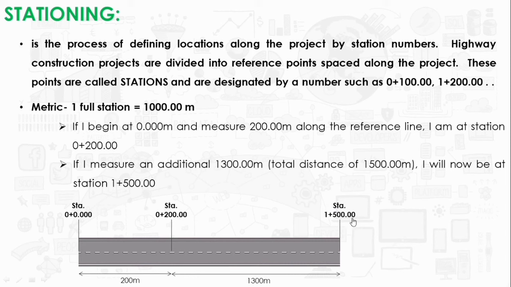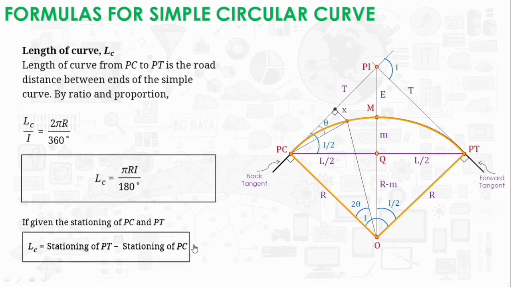So 1 full station plus 500 meters. In short, the comma is just replaced by a plus sign. That is what stationing means.